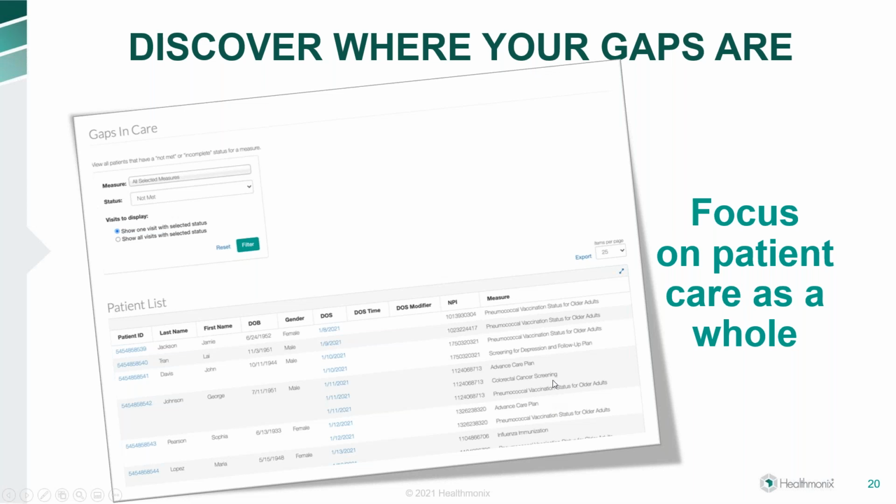What's nice about a lot of these measures, and why it might be worth tracking them, is that all of these measures are once per performance period. So you could actually go back to this patient, bring them in for a visit or whatever it may be, and update this information, because what our system will do, and what it should do, is override that information in the advanced care plan to say that this is going to give you credit moving forward.